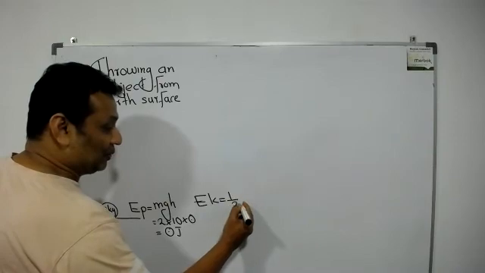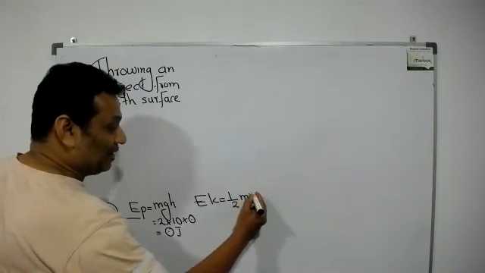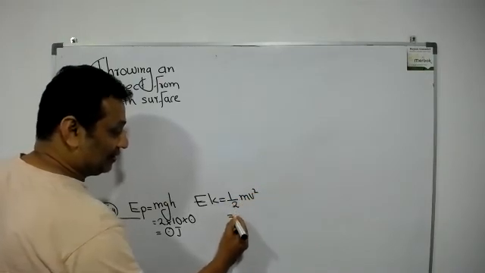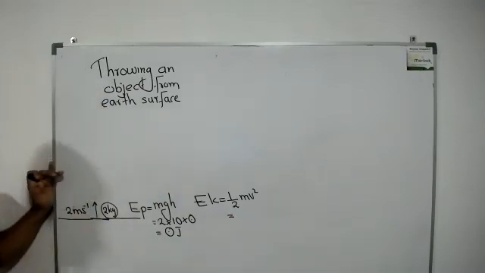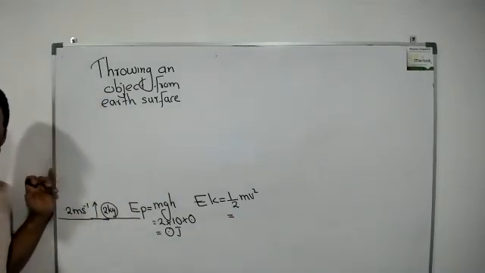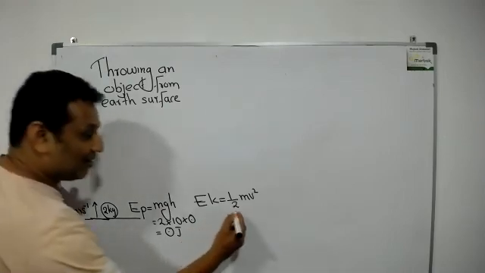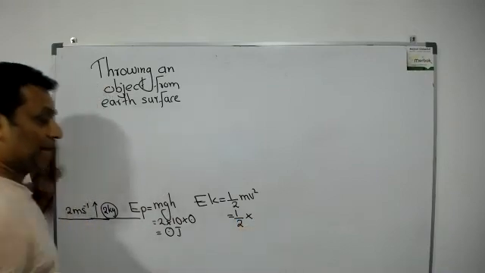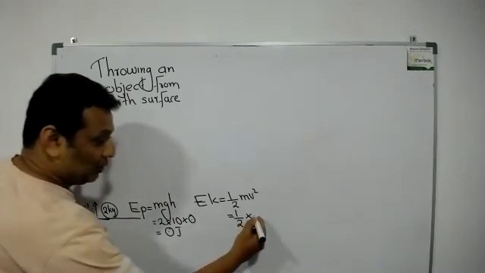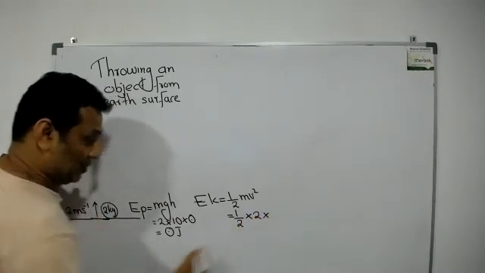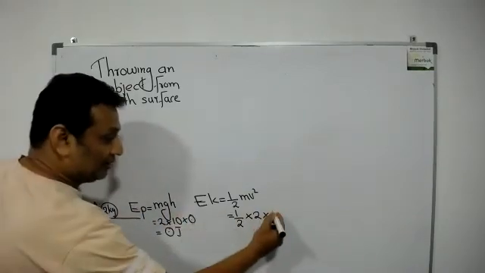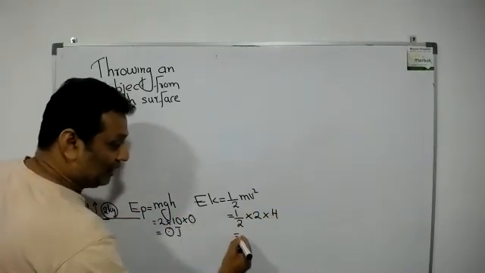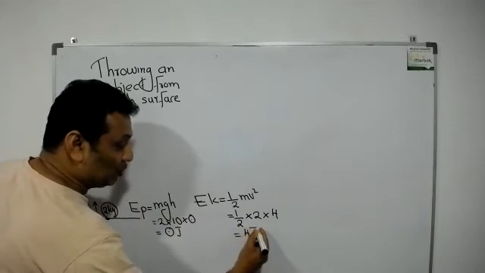Half m v square. Am I right? Right. That is half into m, 2, into 2 square. That is 4 joule.